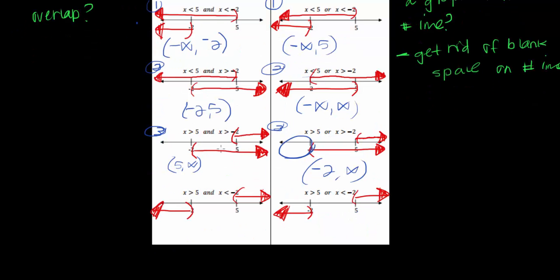Now, for example 4, I'm looking for my overlap, and it's just not clear to me where it's at. I'll look for it, starting off at -infinity, I don't have it, and then I don't have a graph at all. And then I don't have it starting from 5 to infinity. There's no overlap at all. So this one would be no solution.